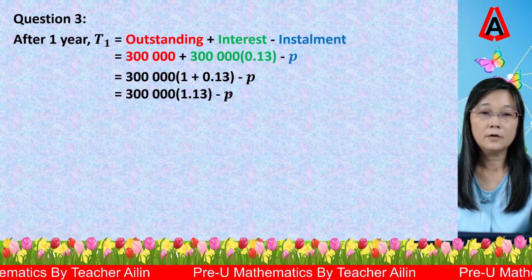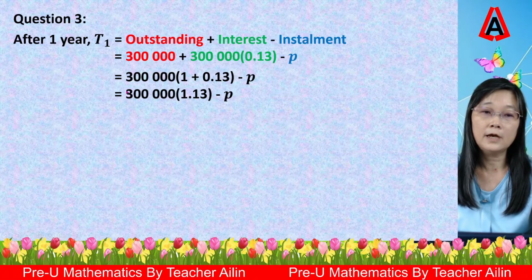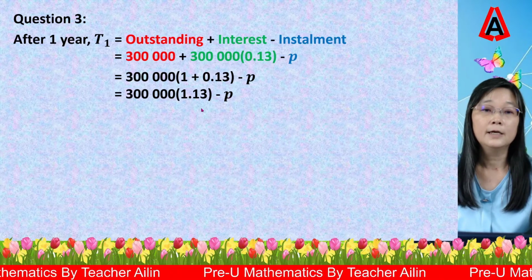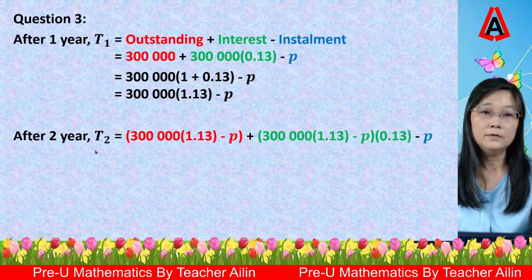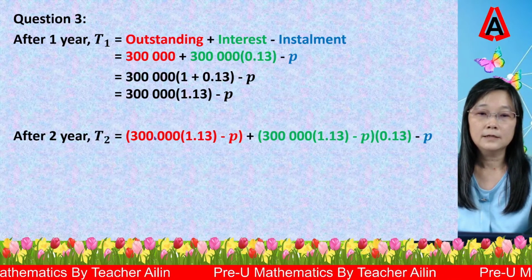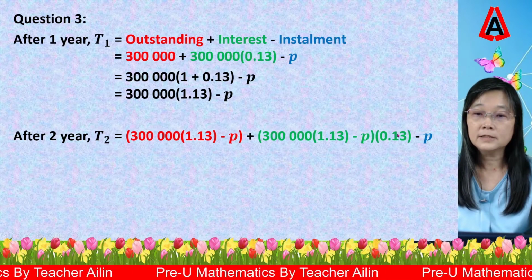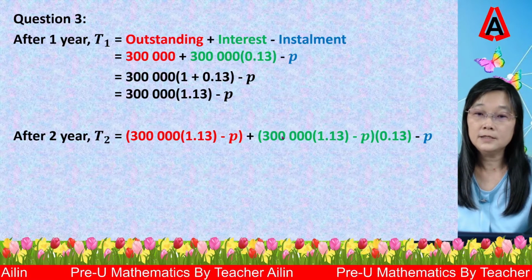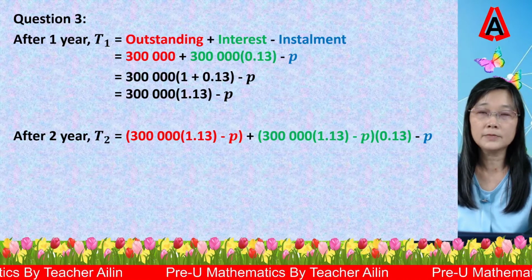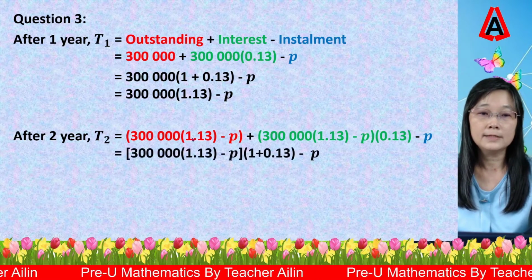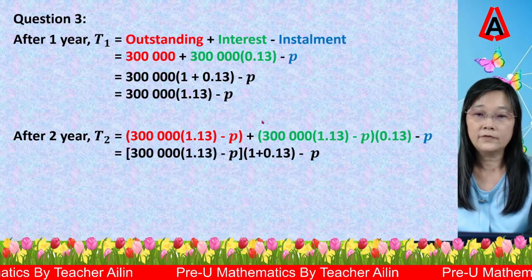So this total amount will be carried forward to the second year, and this is the total outstanding during the second year. Then until the end of the second year, the new outstanding is the total outstanding during the second year plus the interest charge for the second year outstanding minus the second installment repaid by City. So now we can see that this amount of money and this amount of money refer to the same money.